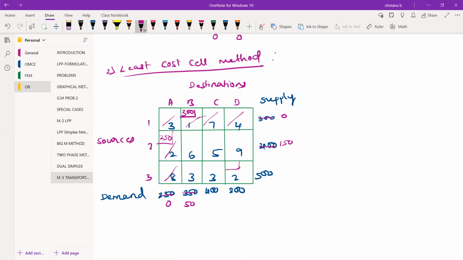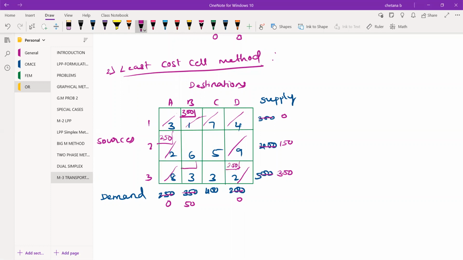So which one to be allocated here? 200 or 500? 200. So this is 0 and this is 300. As this column is 0, eliminate this. Out of 6, 5, 3, 3, which is minimum, 3. You can pick any 3 and allocate.